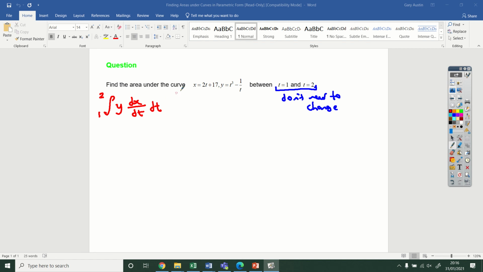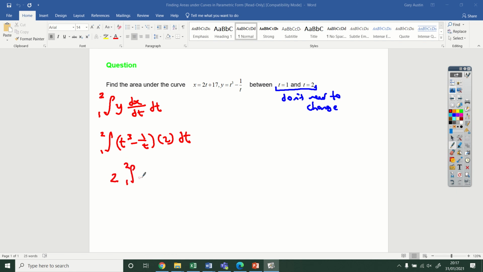Okay, so let's sort out what these things are. So this is the integral from 1 to 2. Y is t cubed minus 1 over t. Dx by dt is just going to be 2. And dt is just going to be on the end there. Okay, let's maybe factor out the 2 to the front as a constant factor, because we don't need to have that inside our integrand.